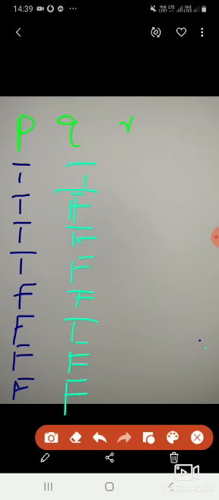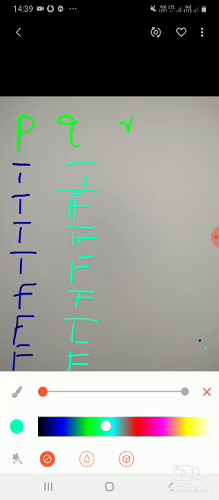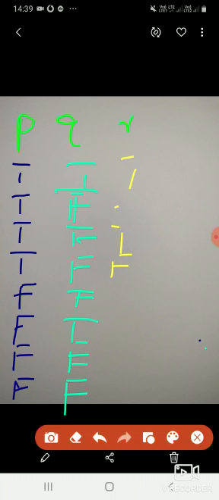We have to take both true, both false. Then the third, R, you can take alternately: true, false, true, false. Then you will get all the possibilities, all true, all false, and every combination in between.